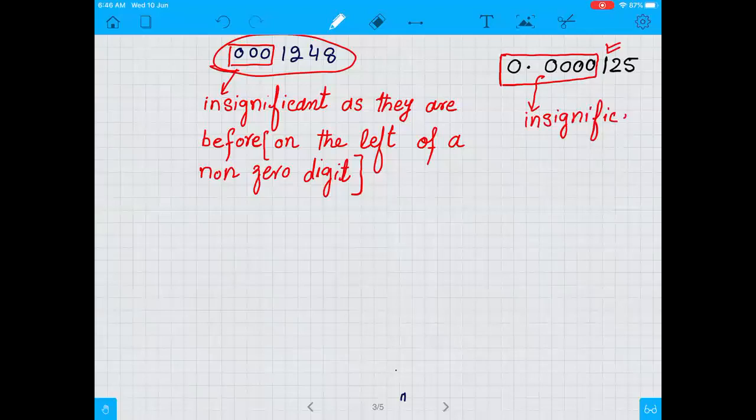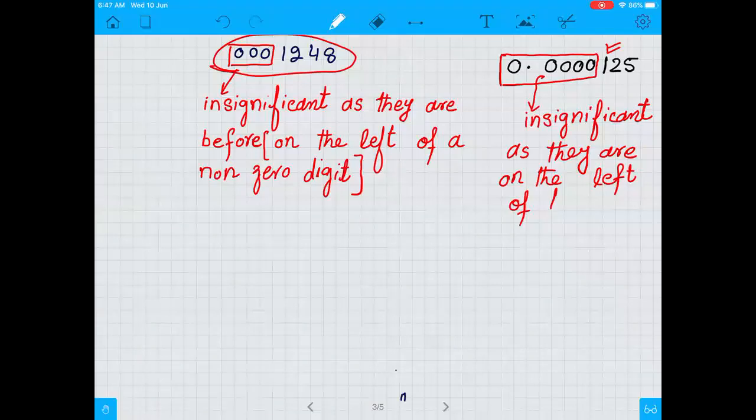So these zeros are always insignificant as they are on the left of the first non-zero digit.